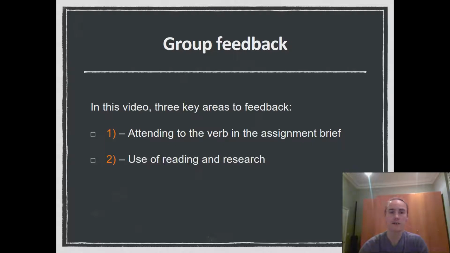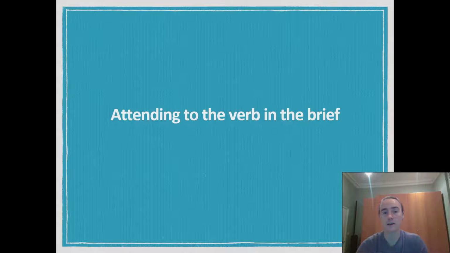Secondly, there's the theme of using reading, research, teaching theory skillfully. And thirdly, there's the skill of thinking critically, of articulating a transparent thought process based on clear evidence and logic. So firstly, we're going to look at the verb in the brief.